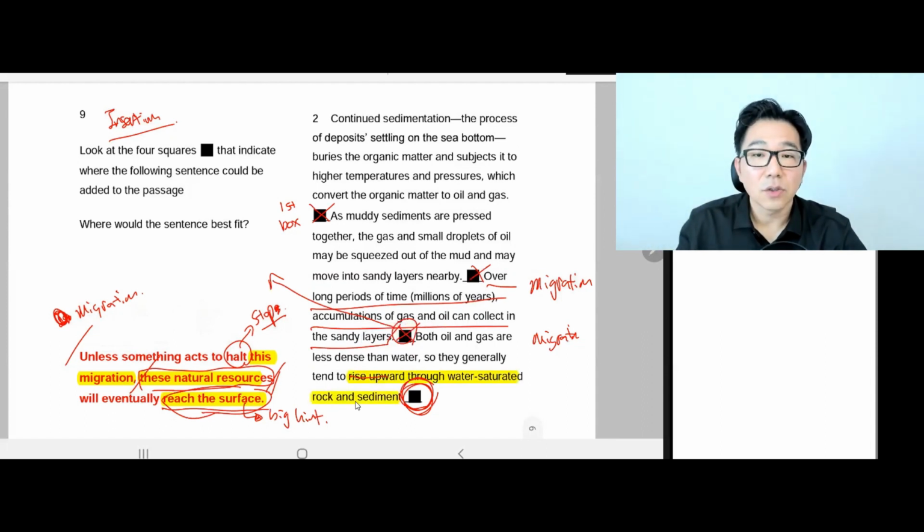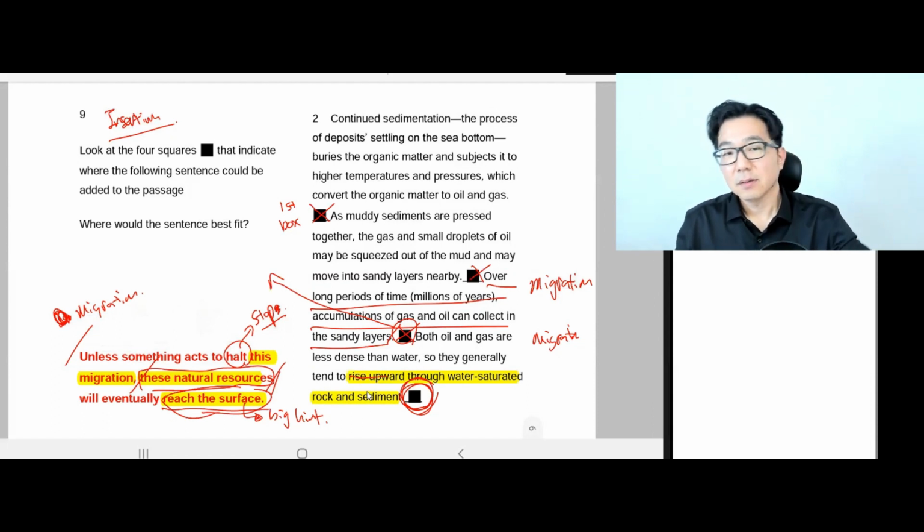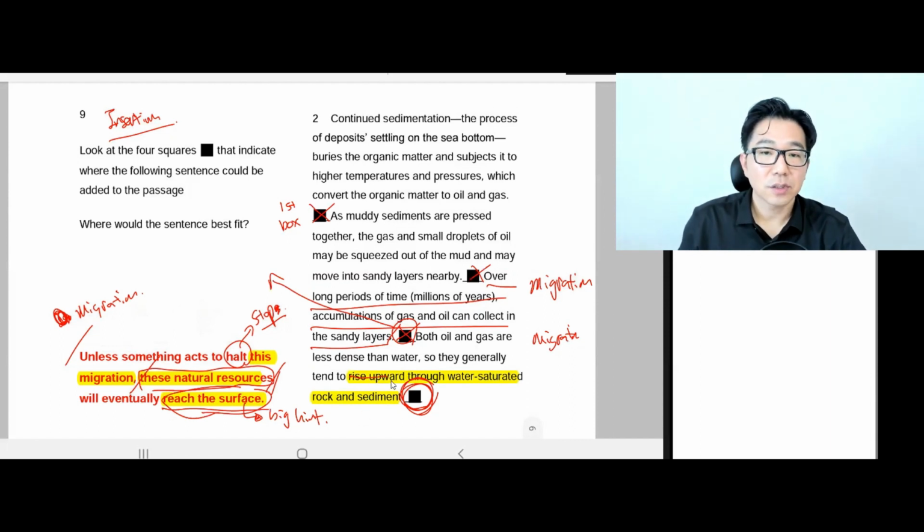So they generally tend to rise upwards through water-saturated rocks and sediment and eventually reach the surface unless something stops it. Perfect. Right?